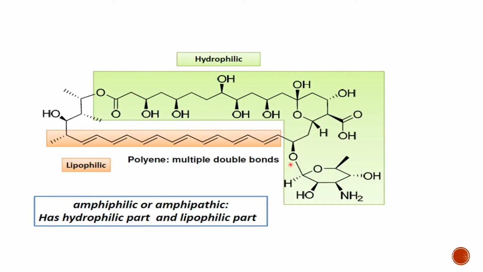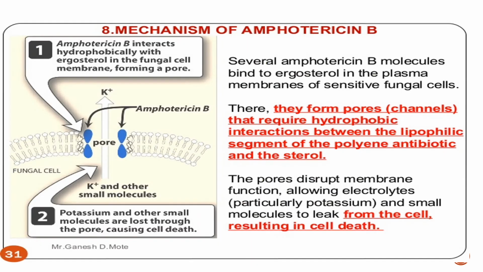In this figure, we have here the hydrophilic structure and the pharmacophore, which is the conjugated double bonds, which is the lipophilic part. Amphotericin B has 7 conjugated double bonds, while the other polyenes such as Nystatin have 6 conjugated double bonds.